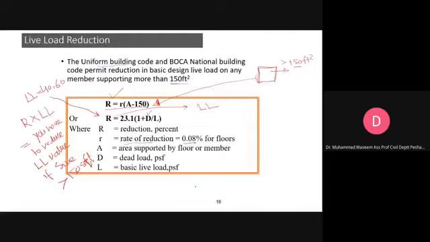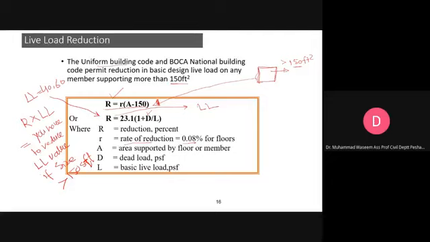One important thing is that whenever you are designing a floor, a classroom for example in a school, and the classroom has an area greater than 150 square feet, you will reduce your live load by multiplying it by a reduction factor, and that reduction factor is given by this formulation.